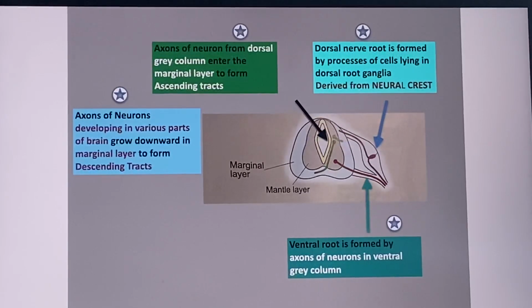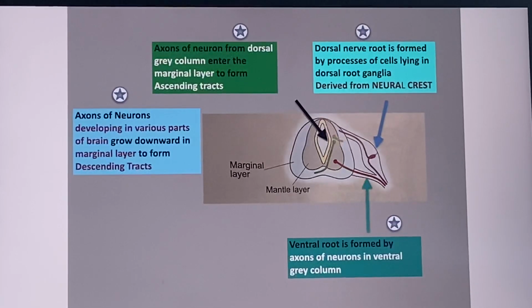So in the dorsal root ganglia, the nerve cells are present and their processes moving towards the spinal cord form the dorsal nerve root. Now these cells lying in the dorsal root ganglia are derived from neural crest. And the ventral root, you can see here, is formed by the axons of the neurons in the ventral gray column.